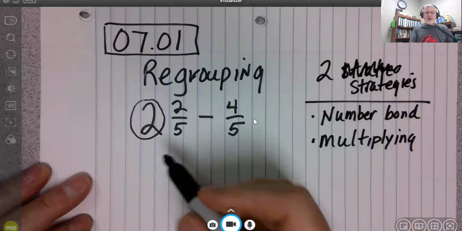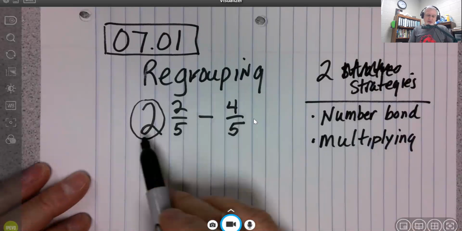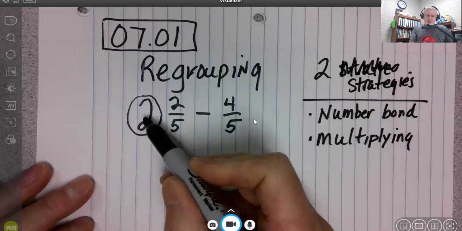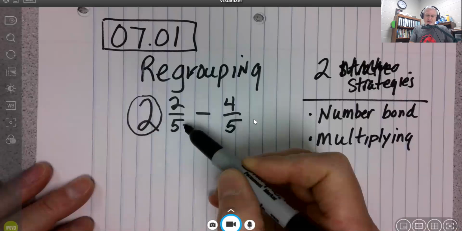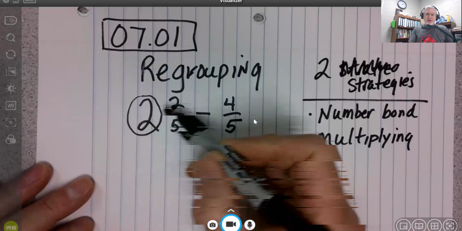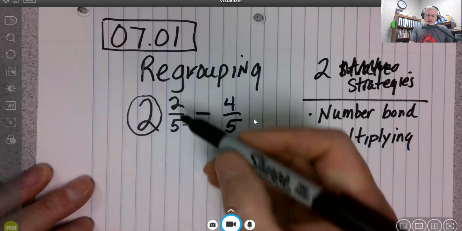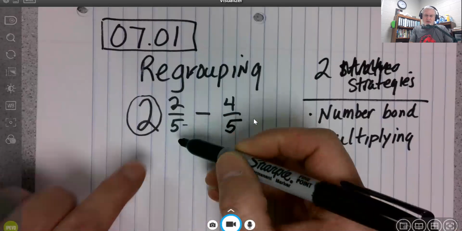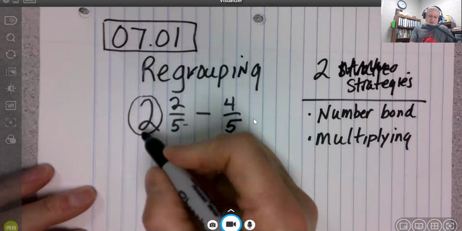All right, you use number bonds in lower grades, and I'm going to show you how you can use them to help you regroup. All right, well, I have a whole number here. I have 2 whole numbers. And my denominator in my fraction is going to tell me what my whole numbers are going to look like. So if I have 5 in my denominator and I have a whole number, then I actually have 5 fifths is my whole, okay?